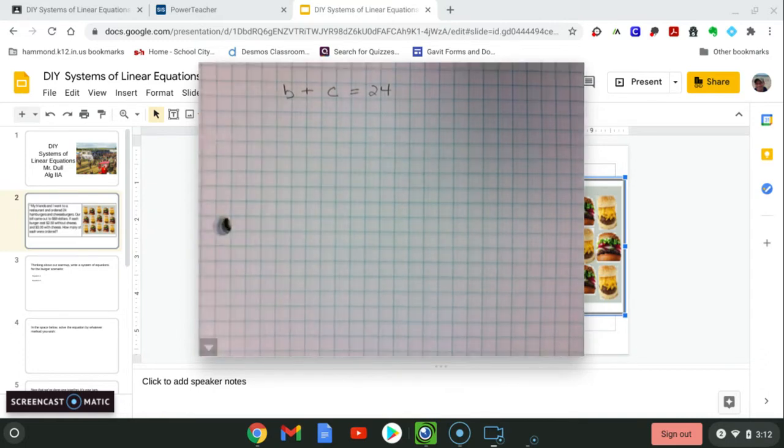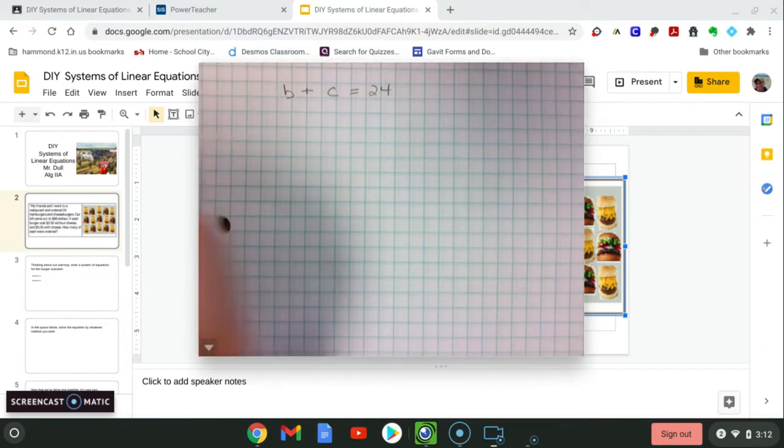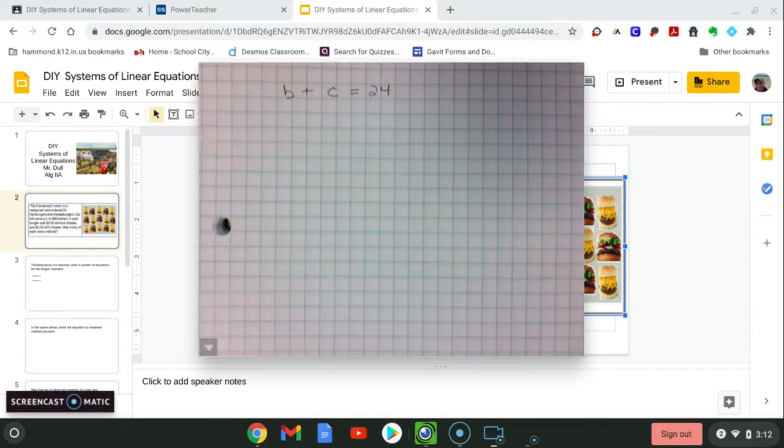The next thing that happens is you usually know something about the cost of each item and then the total amount of money, or you know something about how many of each item, and then you're asked to work backwards to get the cost, and you're told the total amount. So in this case, we're told that every burger was $2.50. If I want to know how much money was spent on burgers, I take the number of burgers times 2.50.